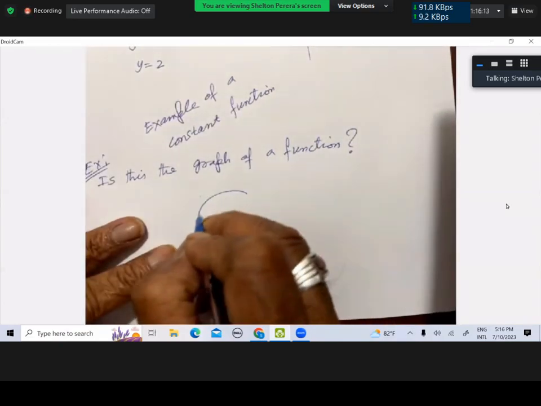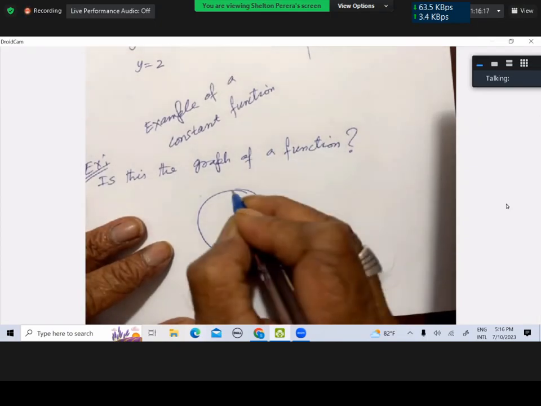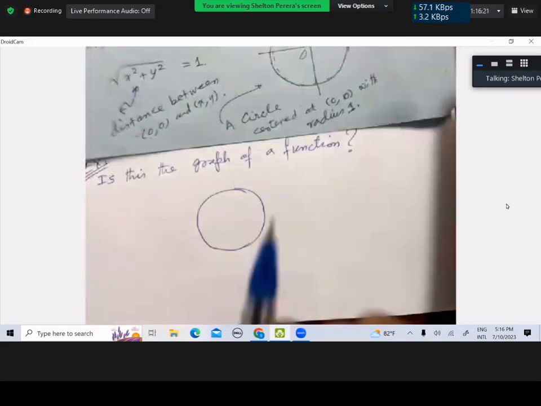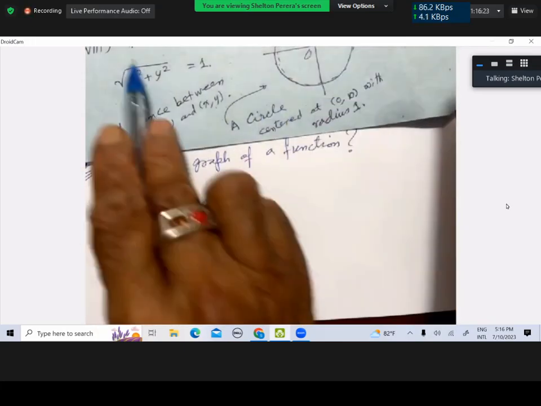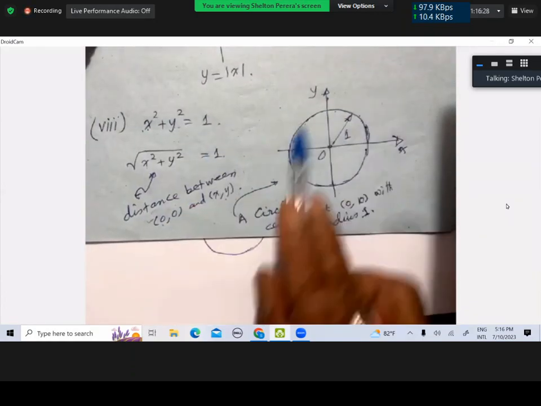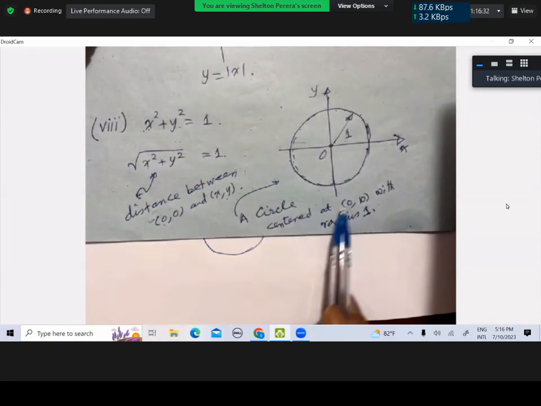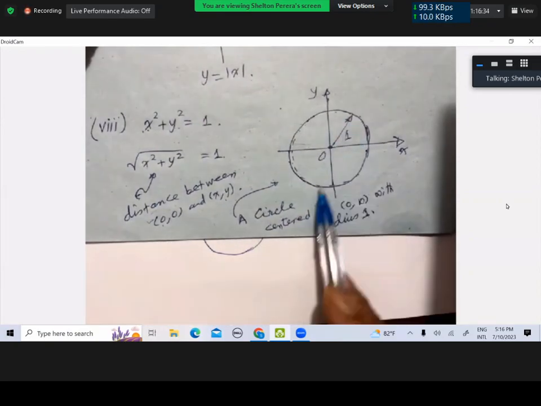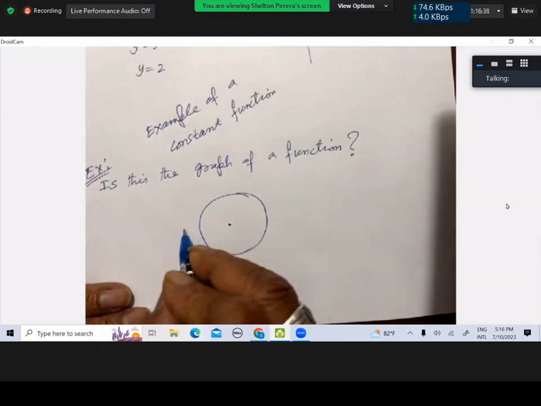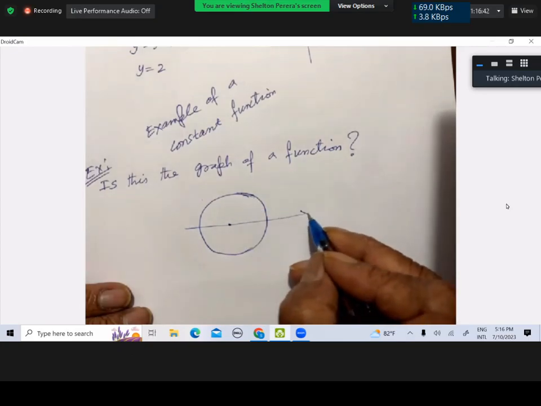The circle that we drew last time. I asked you to keep those shapes in memory. Equation is x squared plus y squared equals 1. This is the circle, centered at 0, 0 with radius 1. So, can this be the graph of a function?